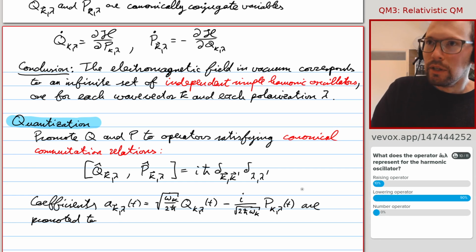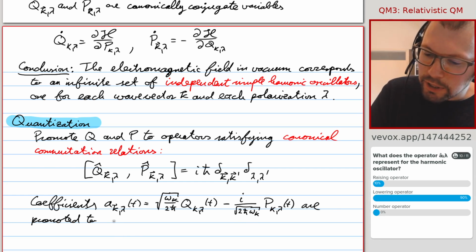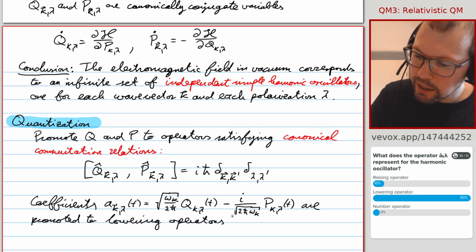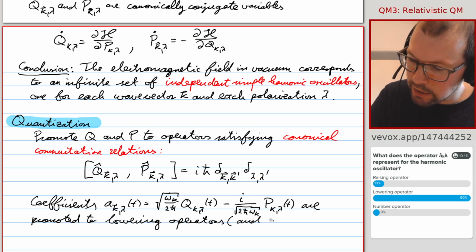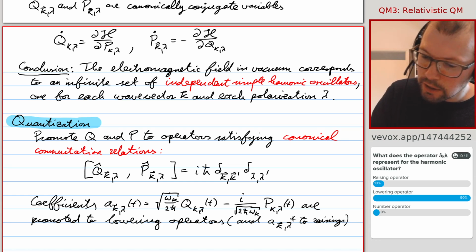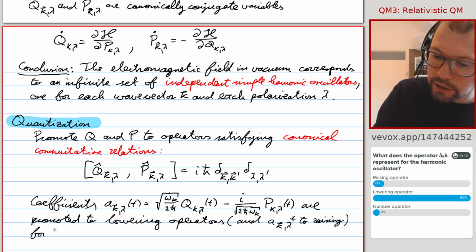So these are promoted to, in this case, a lowering operator, and the complex conjugate to the raising operator for the simple harmonic oscillator.